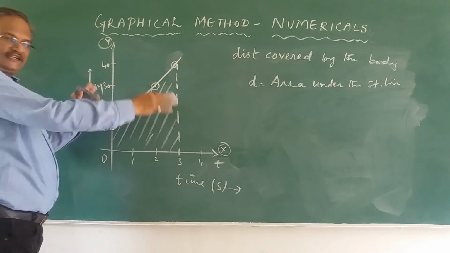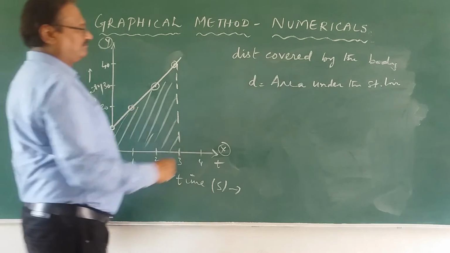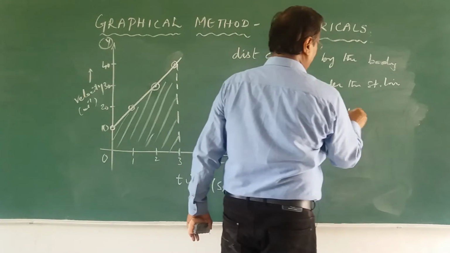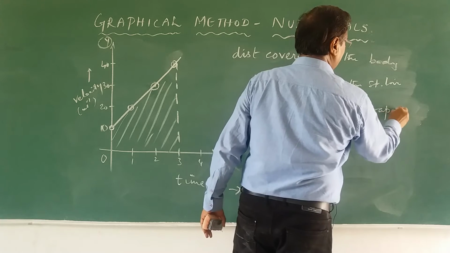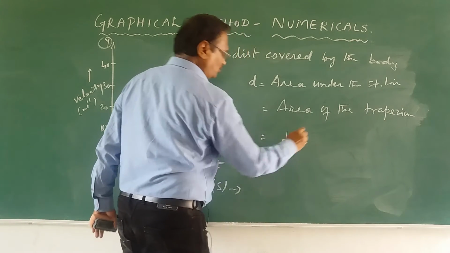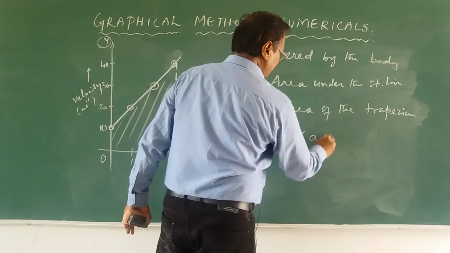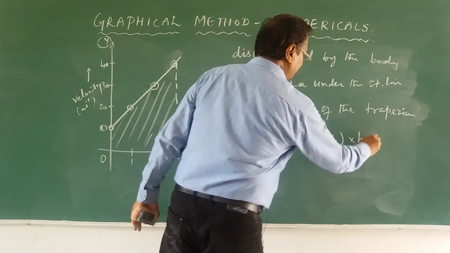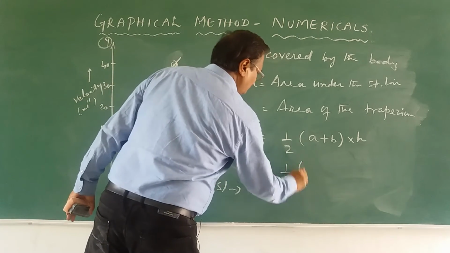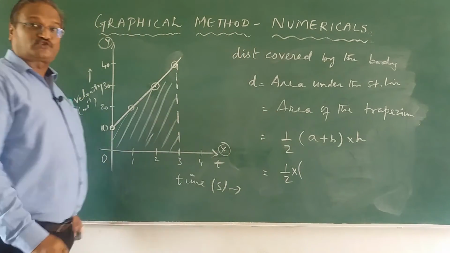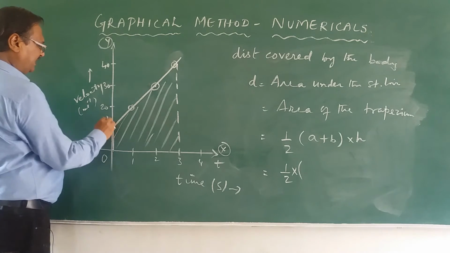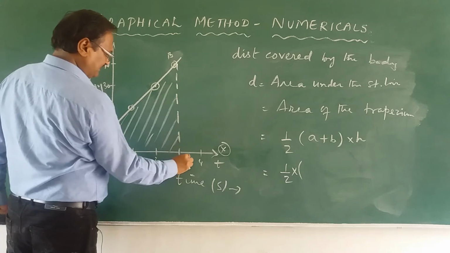What do you see here? It is a trapezium, that is equal to the area of the trapezium. What is the area of the trapezium? Half into the sum of the two parallel sides, a plus b, multiplied by the height. What is a plus b?